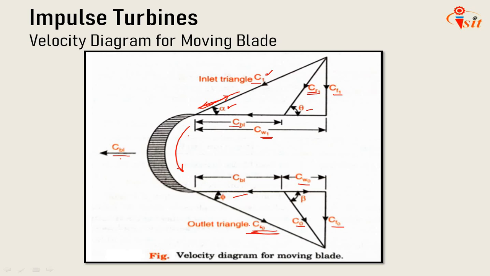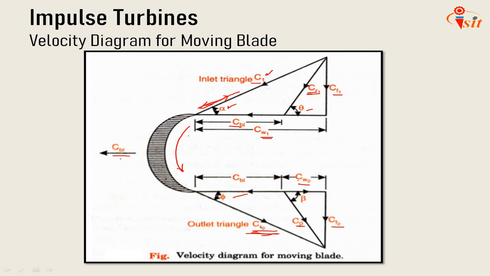The relative velocity CR1 is the same as the relative velocity CR0 if there is no frictional loss between the blades and the steam. The absolute velocity C0 of the leaving steam makes an angle beta to the tangent at the wheel.